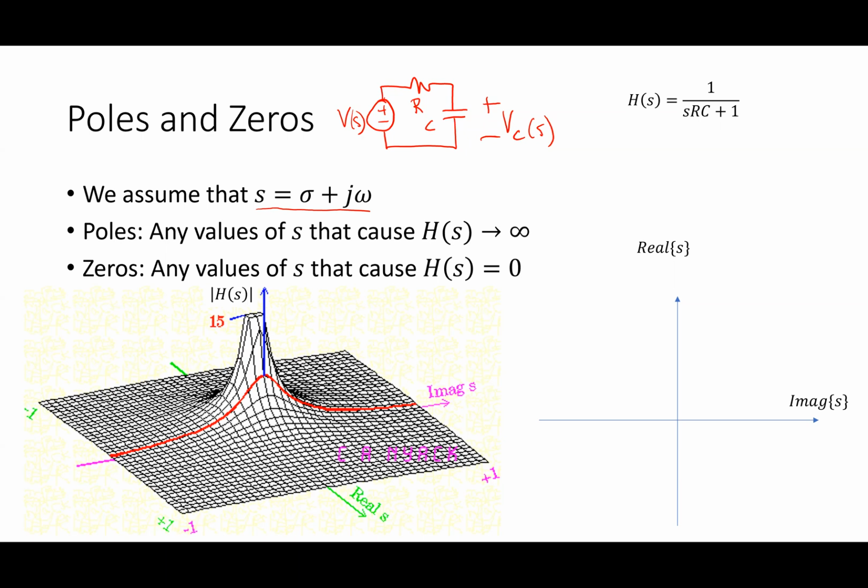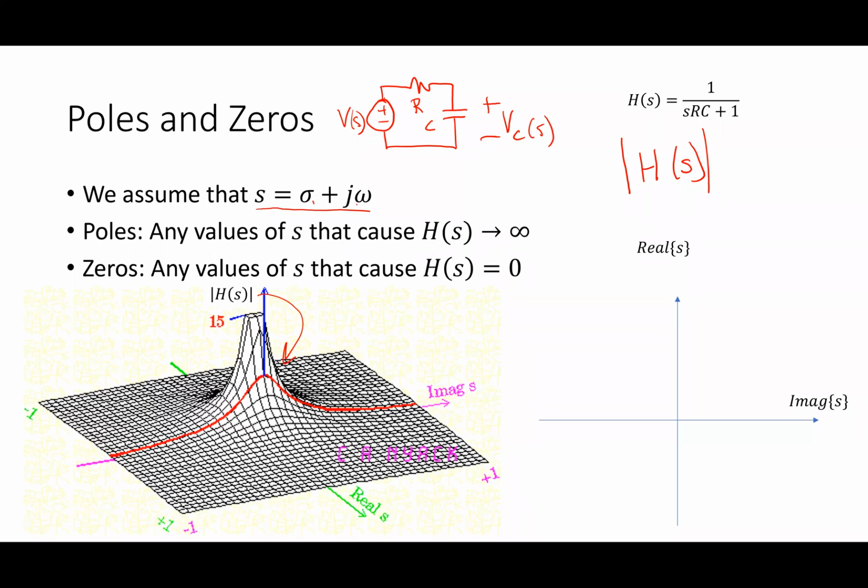Now, I'm not going to say a whole lot more about that, but if I took the magnitude of H of S and tried to plot it, that is a three-dimensional function in space, right? There's a real part to S and an imaginary part to S. And if I plotted the magnitude at all of those values, what I would get is a surface, like that.